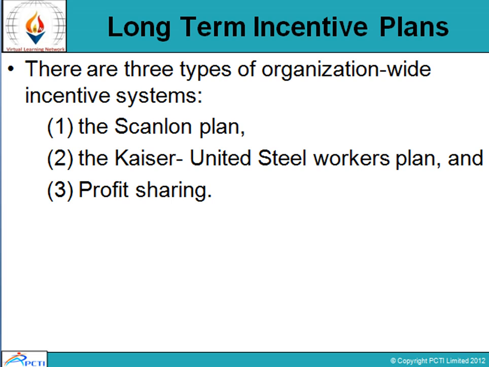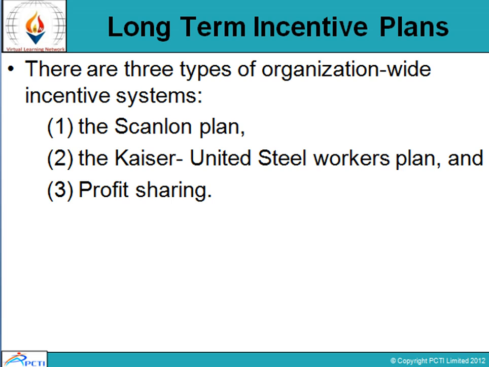Another is the Kaiser plan. Kaiser United Steel Workers Plan, it was devised in the year 1963, and it was done with a view to eliminate the threats of strike by equitably distributing the company's financial gains among all the employees, the shareholder and the public.